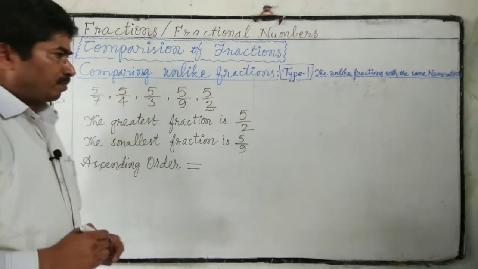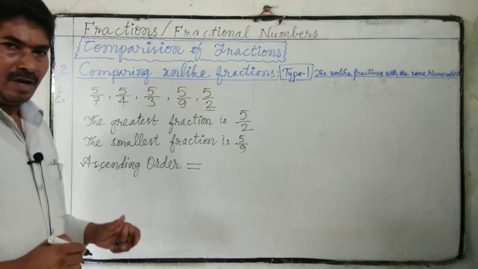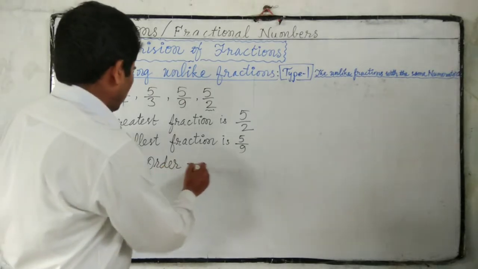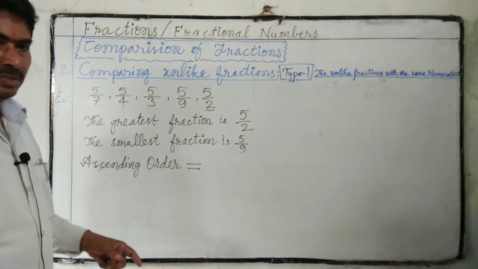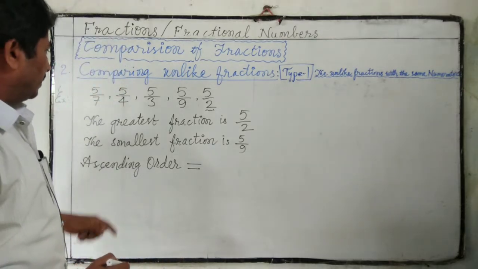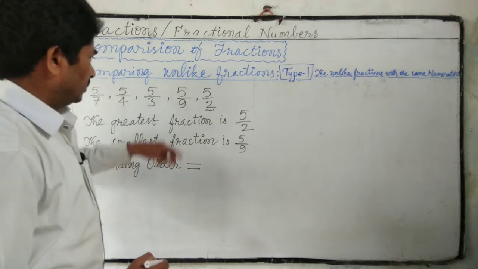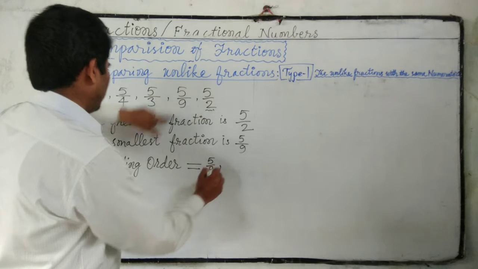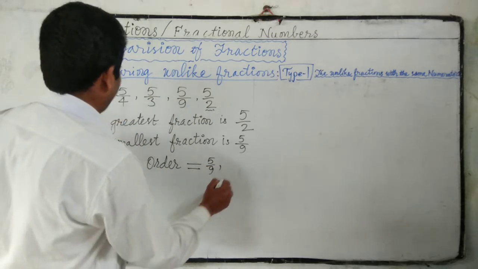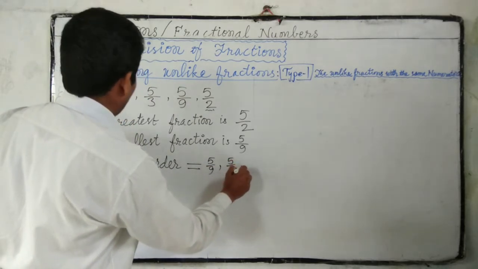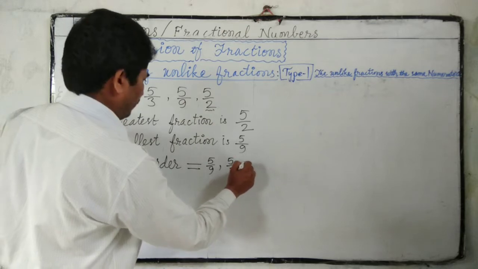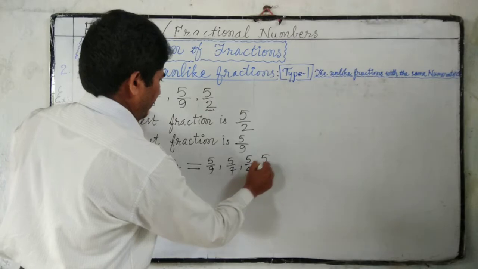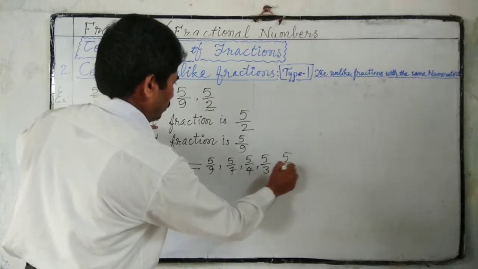In this also we can apply that concept only. Ascending order, smaller to bigger, smallest to biggest. Smallest 5 by 9, 5 by 7, 5 by 4, 5 by 3, 5 by 2.